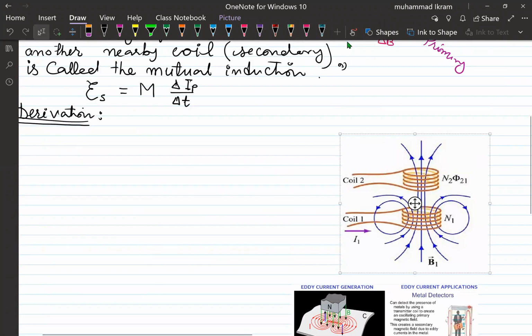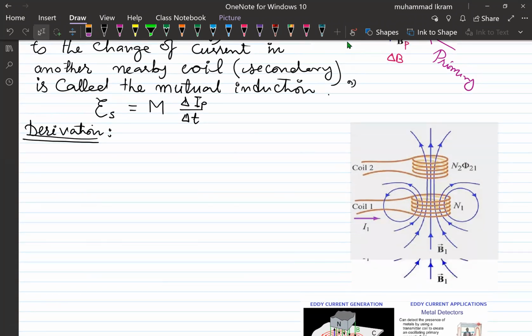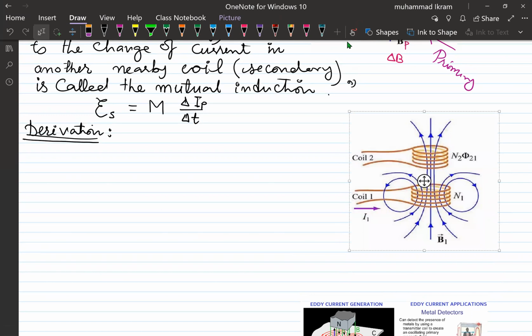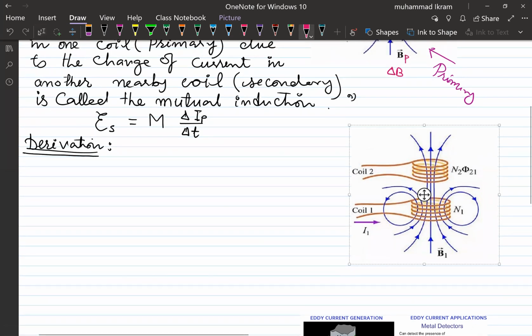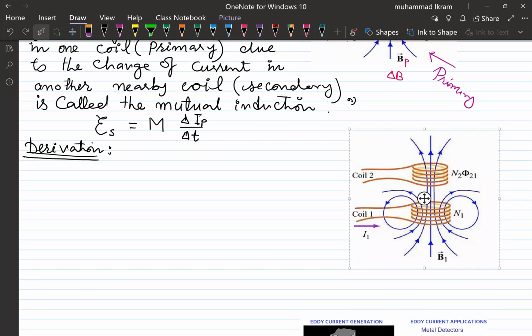Now, look, the experiment shows that the flux changes. As I already told, it is better to write N as the number of turns in the secondary, and this is psi_S, because this is our secondary coil.